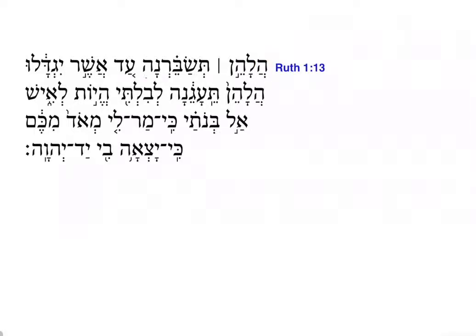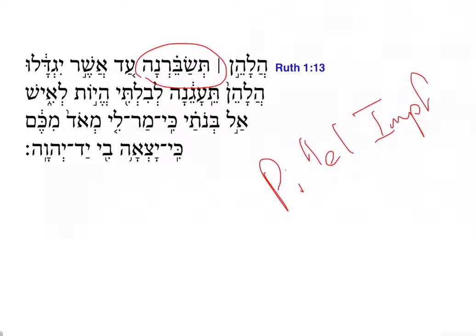Our verb, we have a PL. It's an imperfect. It says second feminine plural, and our root is savar. This root only occurs in the PL.